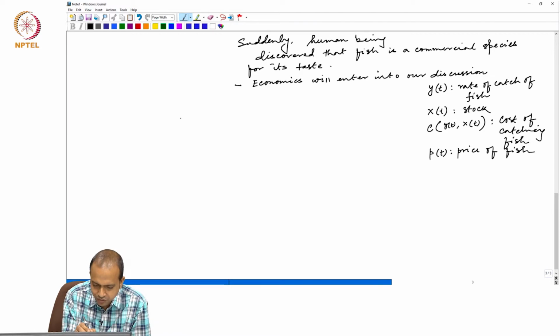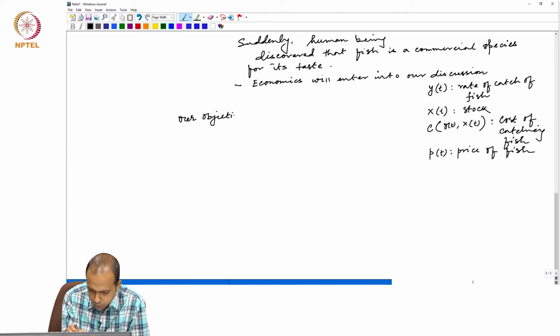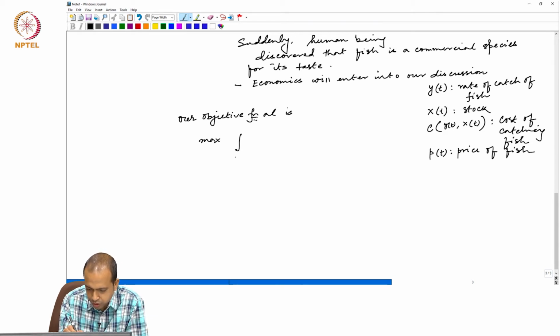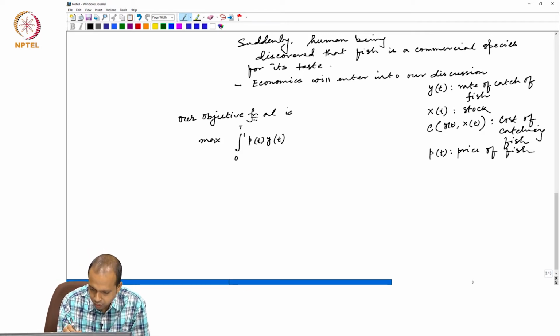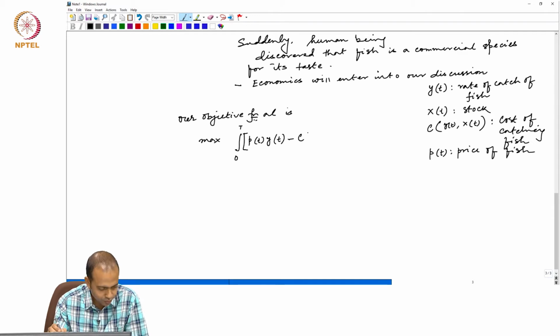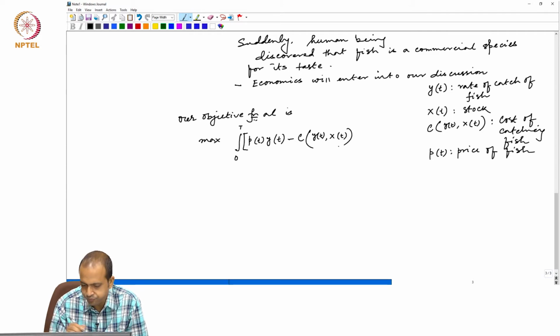So, our objective functional is: maximize the integration from 0 to T of P t into y t, the revenue, minus c of y t into x t, and e to the power minus r t d t.